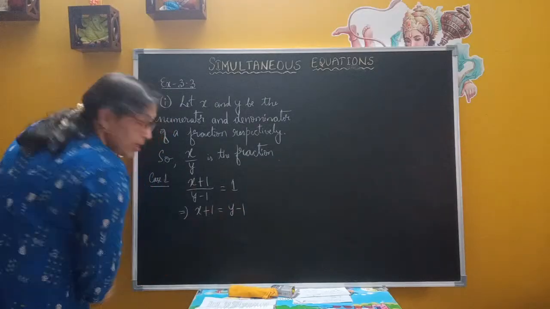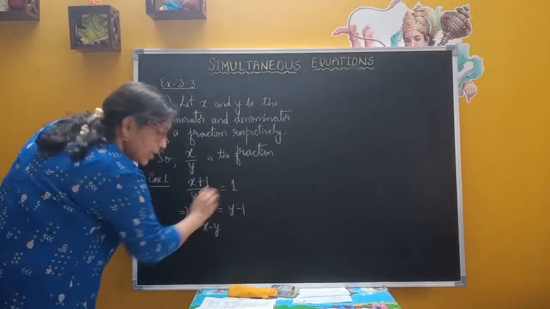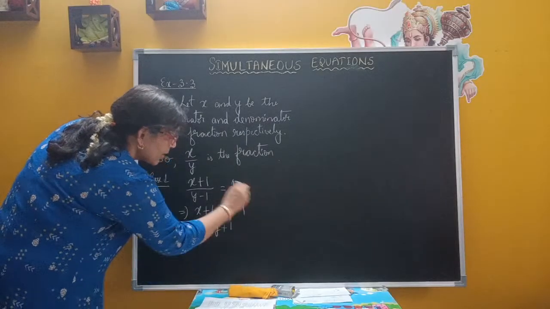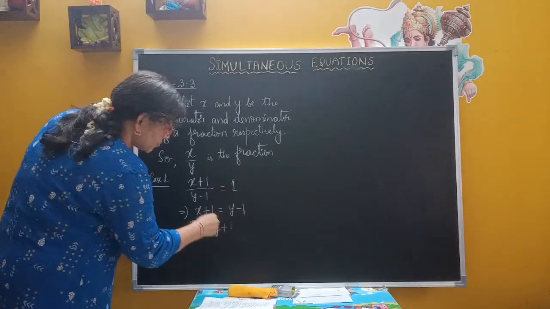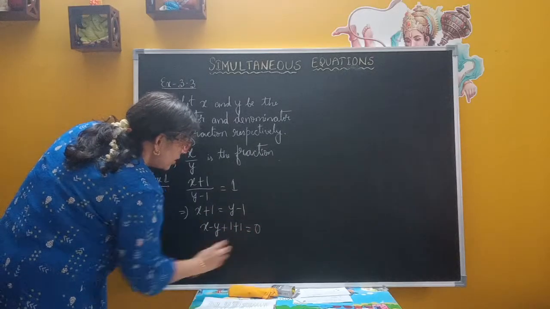Let us transpose and get it to the standard form. x minus y, I shift y to LHS and plus 1 here. I bring this also to LHS, so it becomes plus 1 is equal to 0.